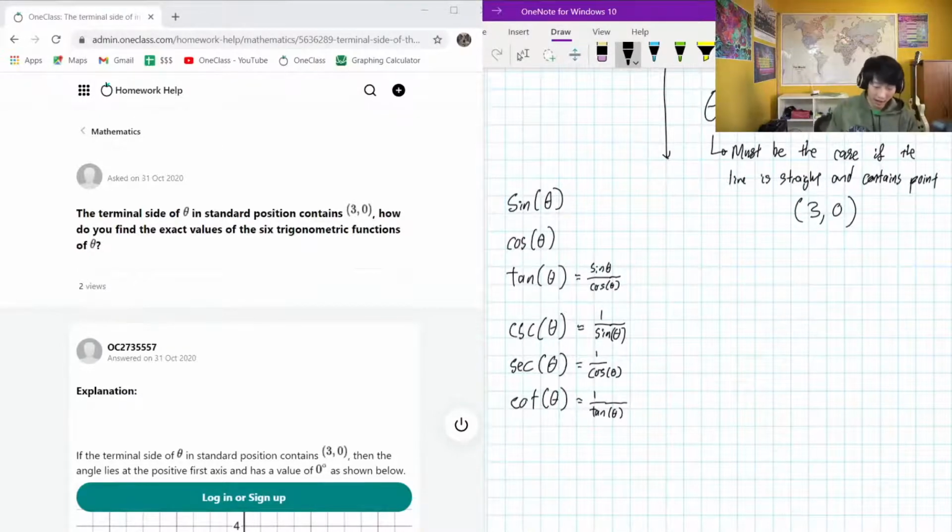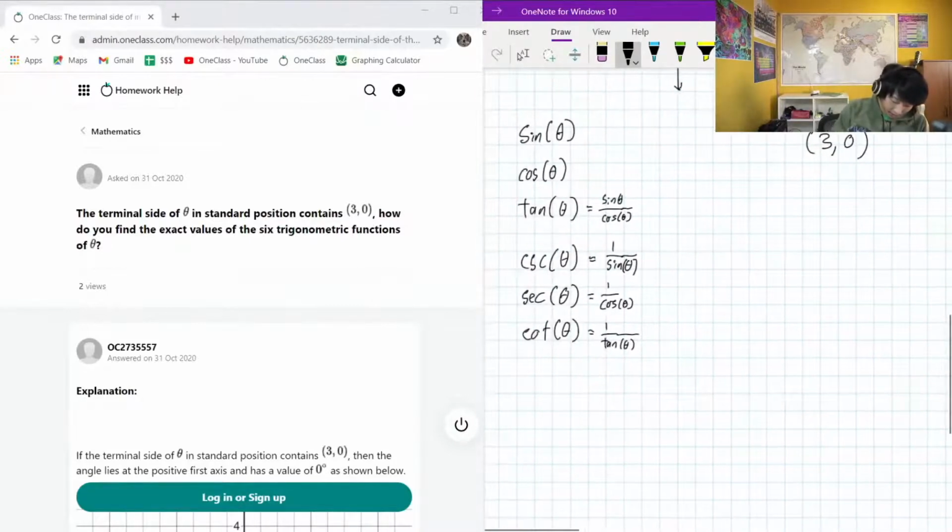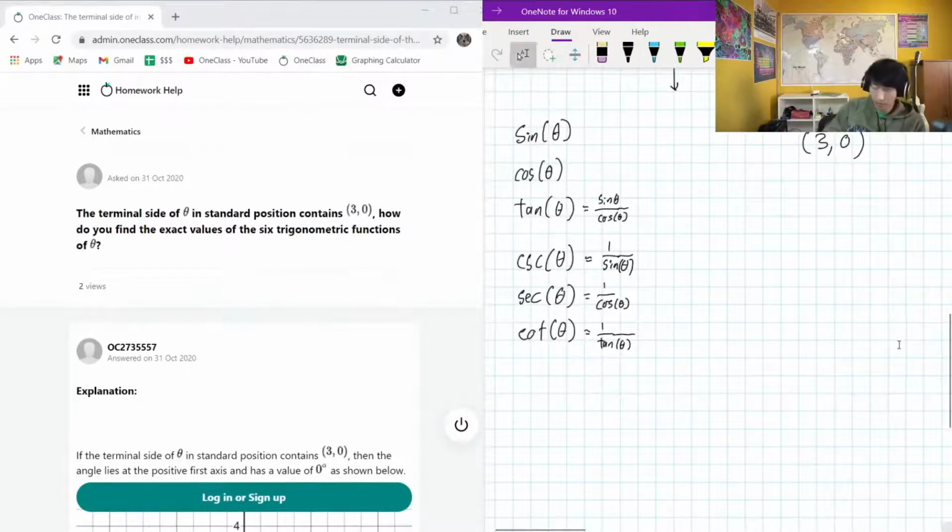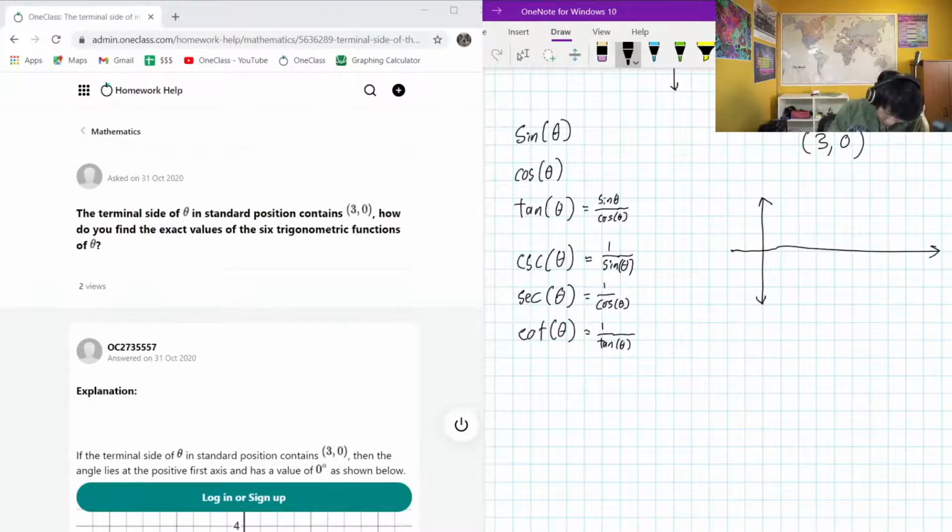Okay, so sine theta, when theta is equal to 0, let's draw out what the sine graph looks like. Like this. Sine starts at 0 and goes like this. So this is sine theta, and we know sine at 0 has to be 0.